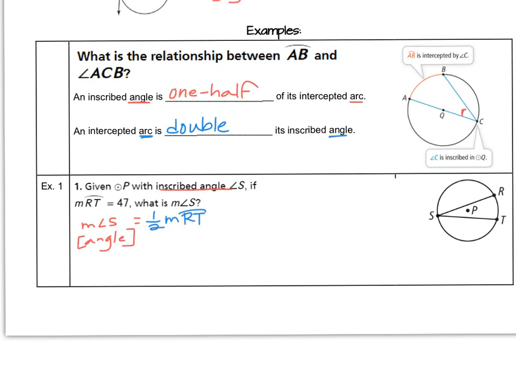So if I have the angle on the left and the arc on the right, if I know the arc, I'm just going to cut it in half. Pretty easy. We know that the measure of arc RT is only 47. If we take half of 47, or 47 divided by 2, that gives you 23.5, and our label is degrees. The measure of angle S, which is an inscribed angle, is 23.5 degrees.